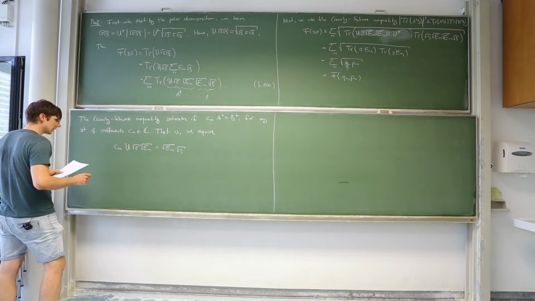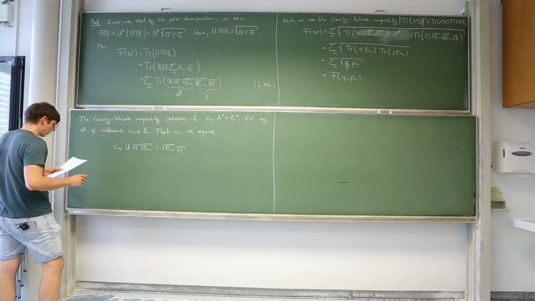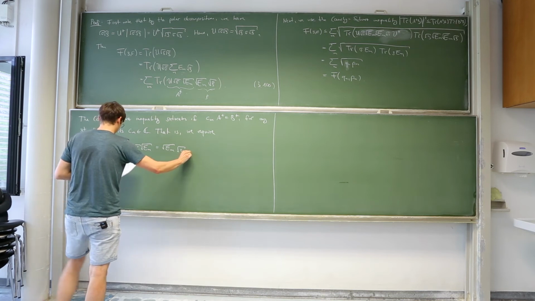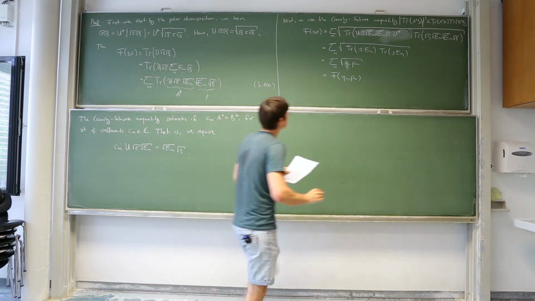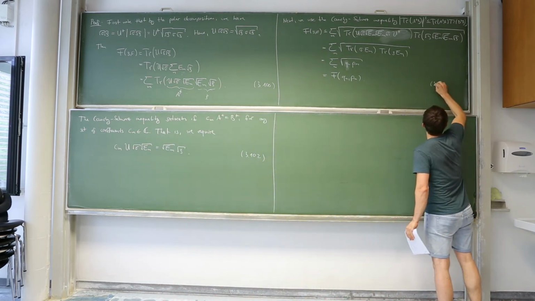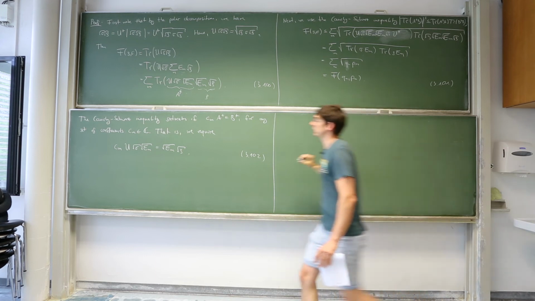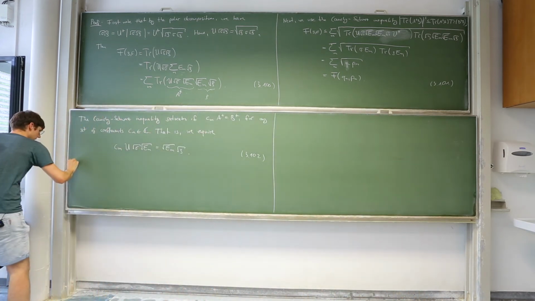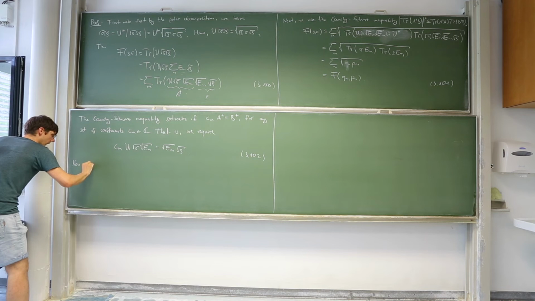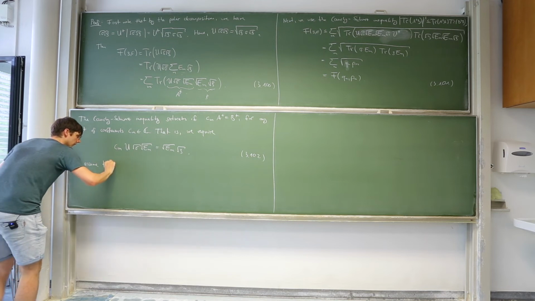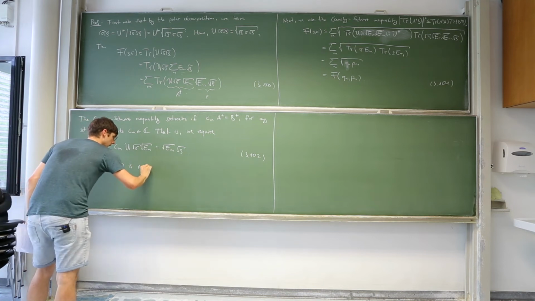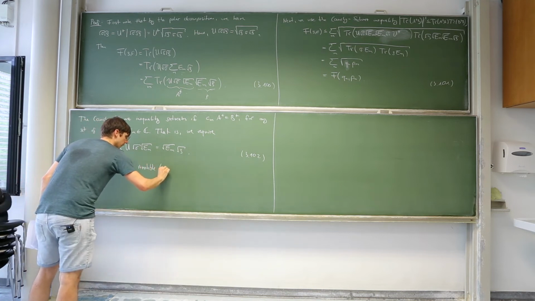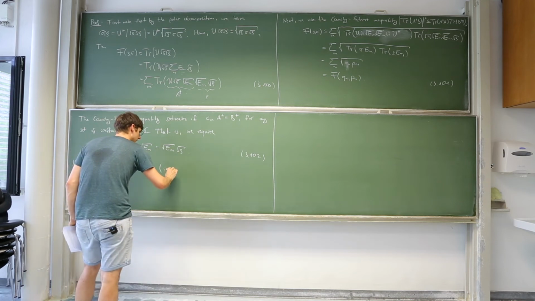Now, let's rewrite this a bit. So now assume this is 3.102, and this was, I guess, 3.101. So now assume that rho is invertible. It means that it's positive definite.